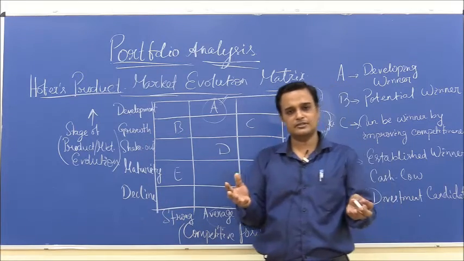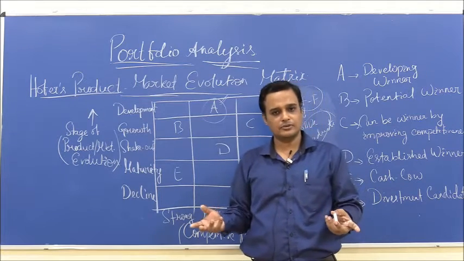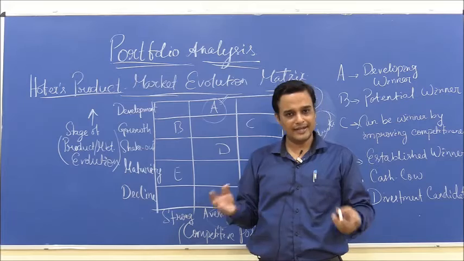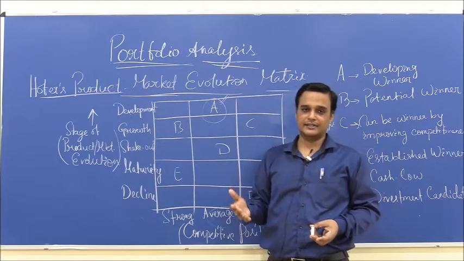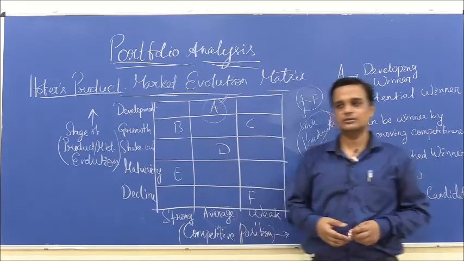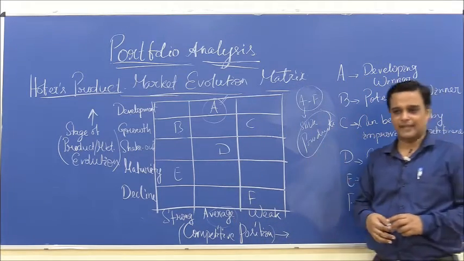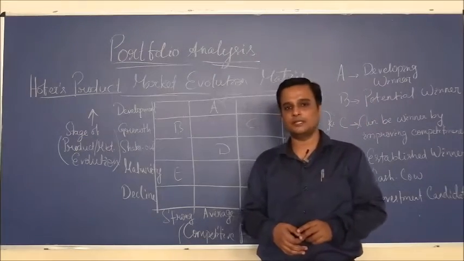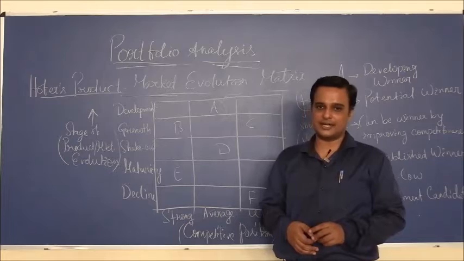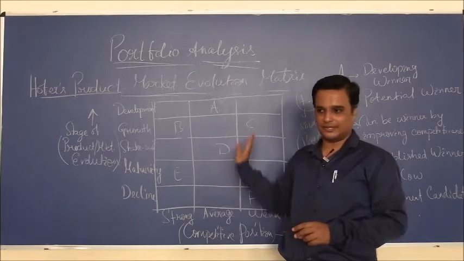Only 2-3 companies have existed in this market, suddenly a regulation comes and everything changes overnight and the market begins to show signs of decline very soon. So, in those cases these stages are violated. In those cases we need to conduct a proper customized analysis without referring to Hofer's matrix.